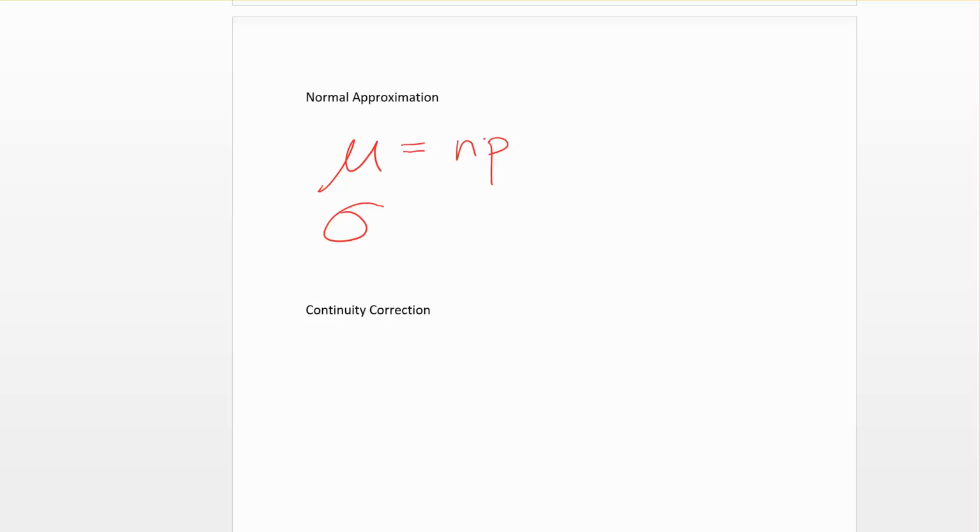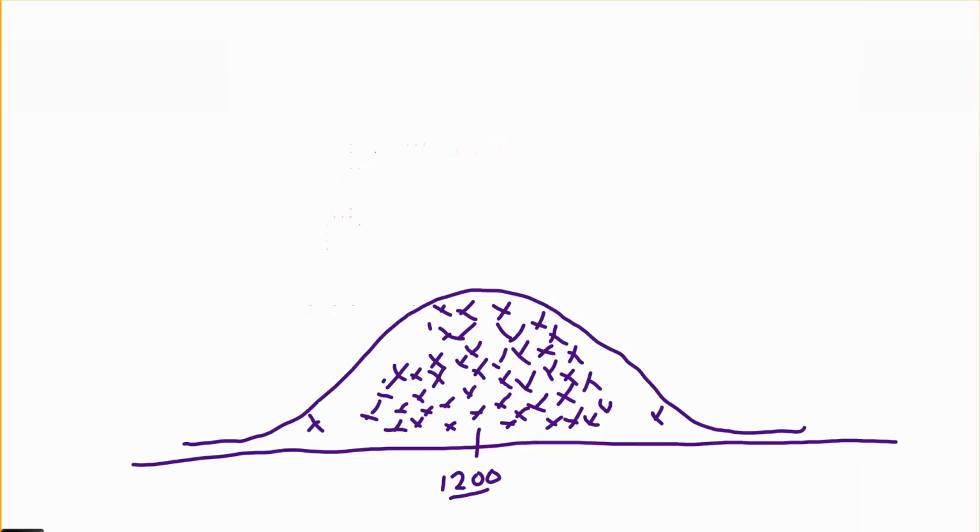If you remember back to our drawing canvas, our mean here was 1,200. And we found that 1,200 because there were 40,000 questionnaires sent out. We expected a 3% response. So 40,000 times our probability of success, 0.03, yielded 1,200. And that's why we put the 1,200 right here in the middle and considered it to be our mean.